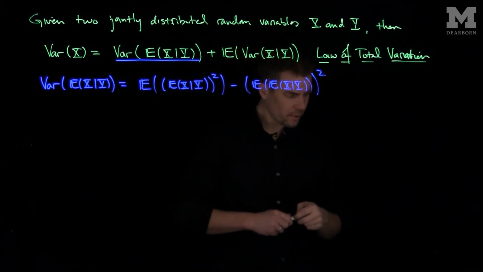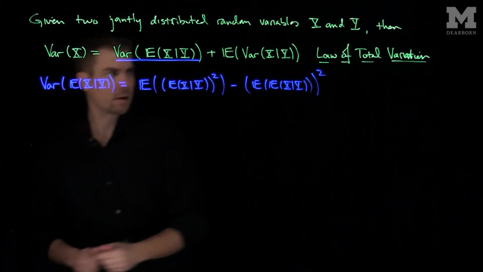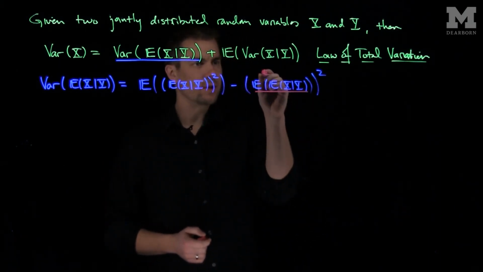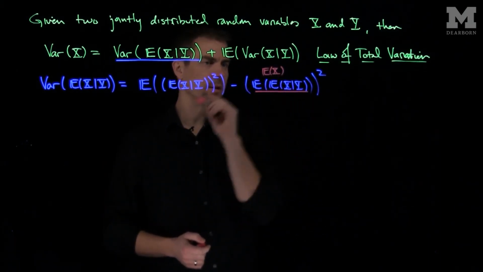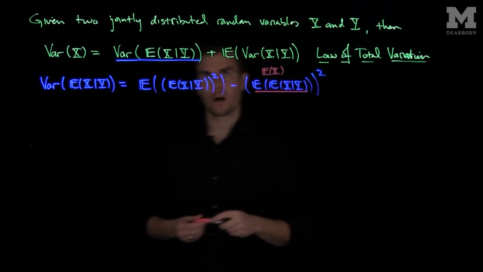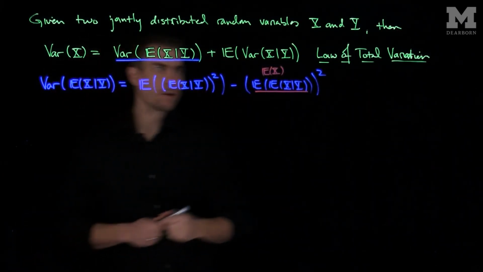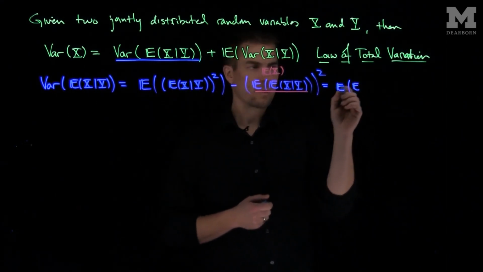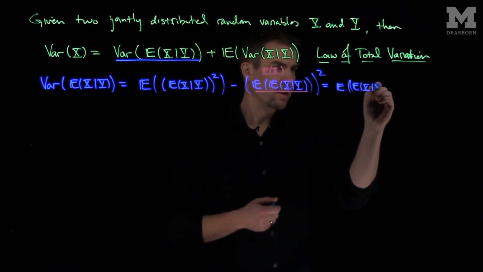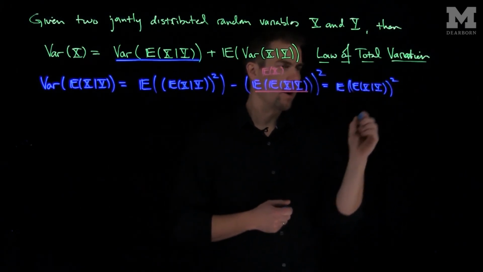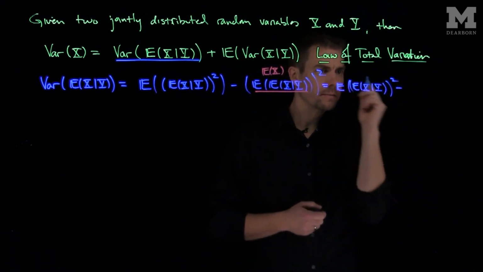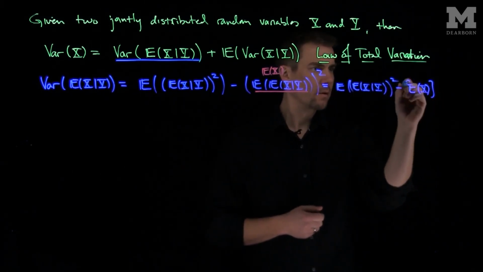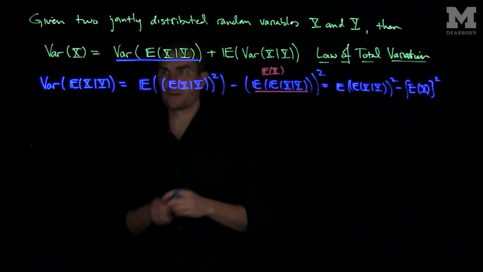The first term is the expected value of the conditional expected value of X given Y, which is just the expected value of X by the law of total expected value. So we can simplify this as the expected value of the expected value of X given Y squared, minus the expected value of X quantity squared. We'll keep that as one term.